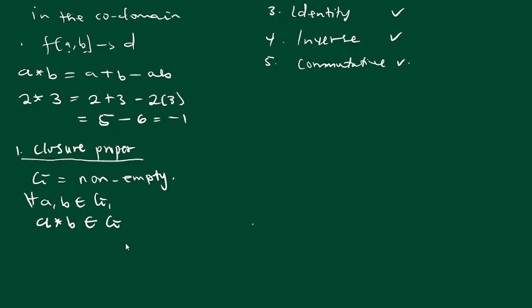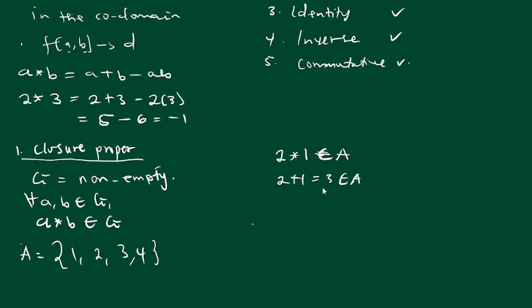Let's take an example. If I have the set A with elements 1, 2, 3, 4, this set is said to be closed if I pick any two elements from this set and, using any operation, say 2 star 1, the result is a member of A. If I'm considering addition, 2 plus 1 is 3, and 3 is a member of A, so we can say it is closed.